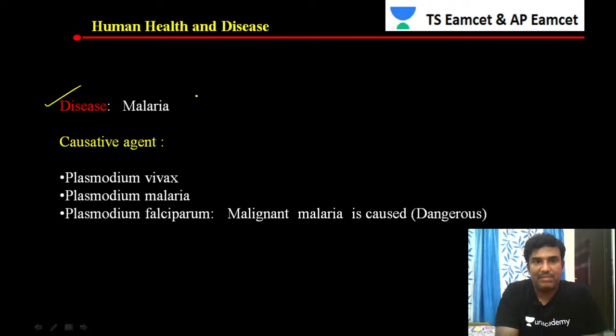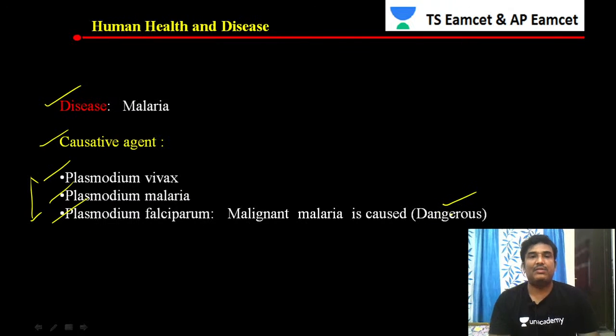So next one is malaria. We know that there are different causative agents like Plasmodium vivax, Plasmodium malariae, and Plasmodium falciparum. Out of all these three, which is considered the most dangerous? This is routinely asked in multiple choice questions.